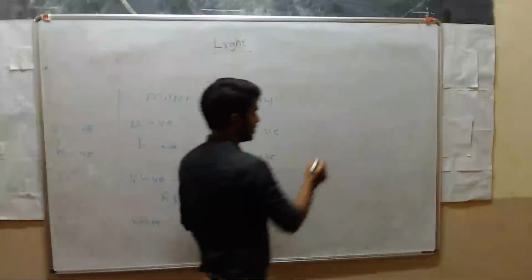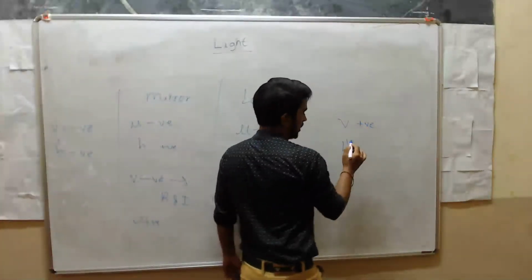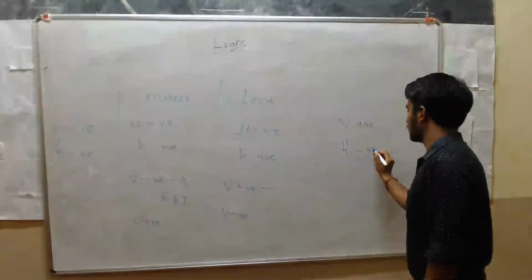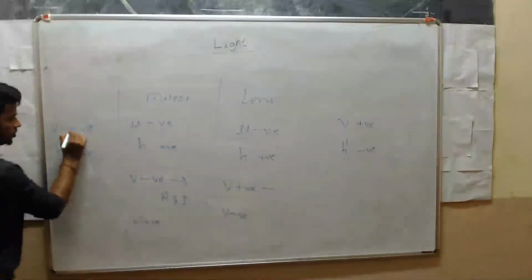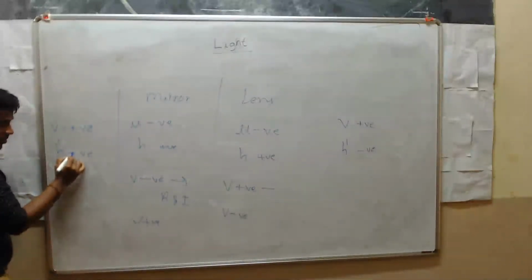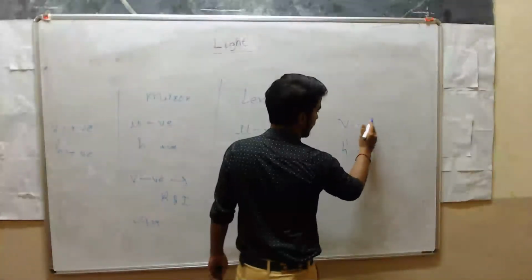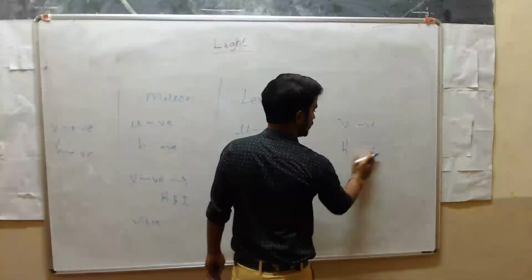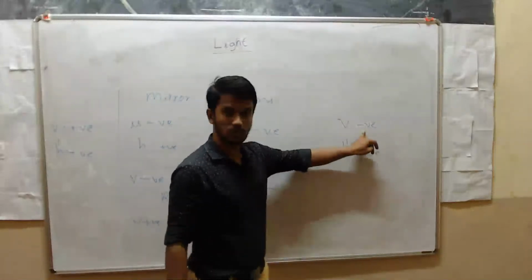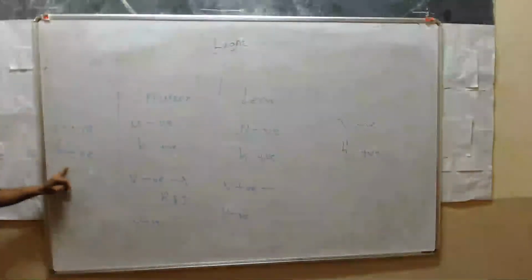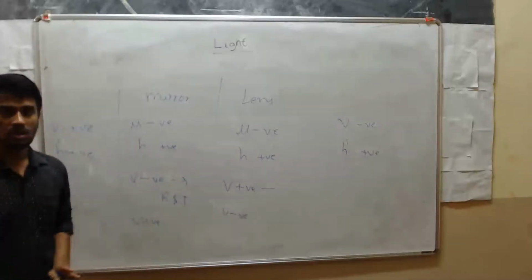But in lenses, if you get v value positive, then you should get h dash value negative only. But here, if you get v values positive, then you should get h dash values also positive. But in lenses, if you get v values negative, then you should get h dash values positive. Okay, here both are opposite, but here both are same.